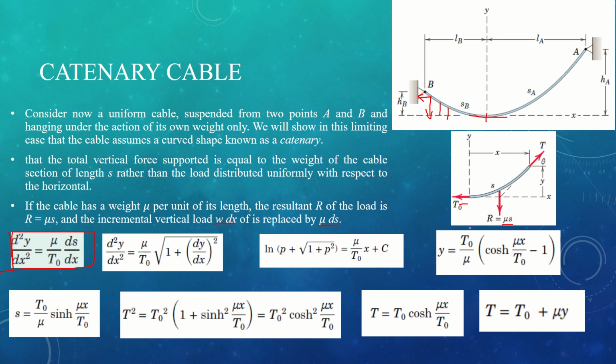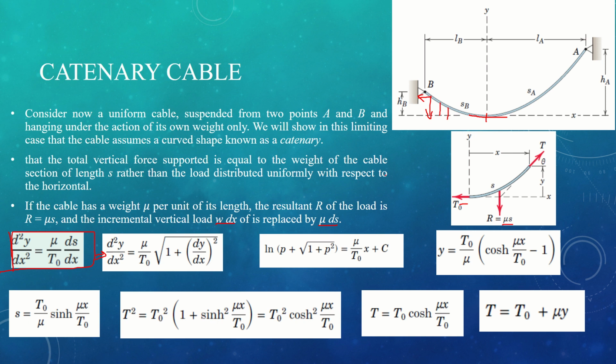Now you have to remember, we are going to develop a relation of ds by dx. So you can find ds by dx, and you rearrange it in terms of dy by dx, and you will get, after rearrangement, this equation. This equation is achieved by a simple Pythagorean identity.